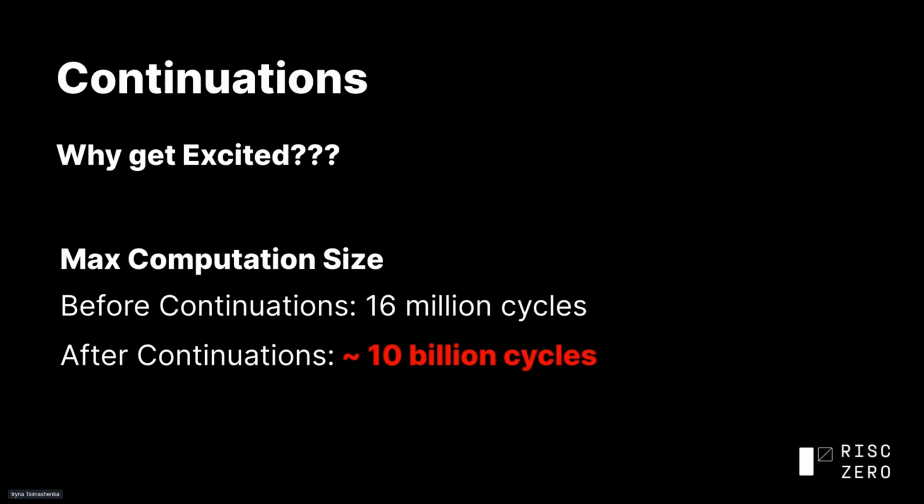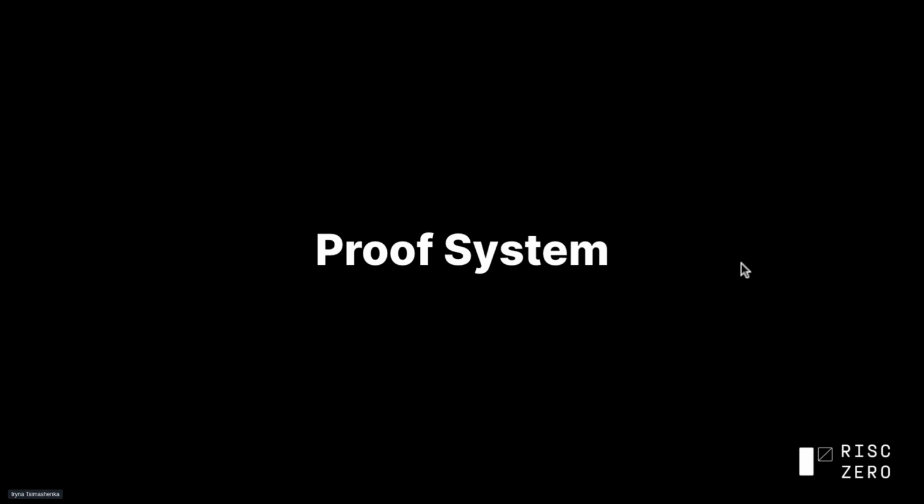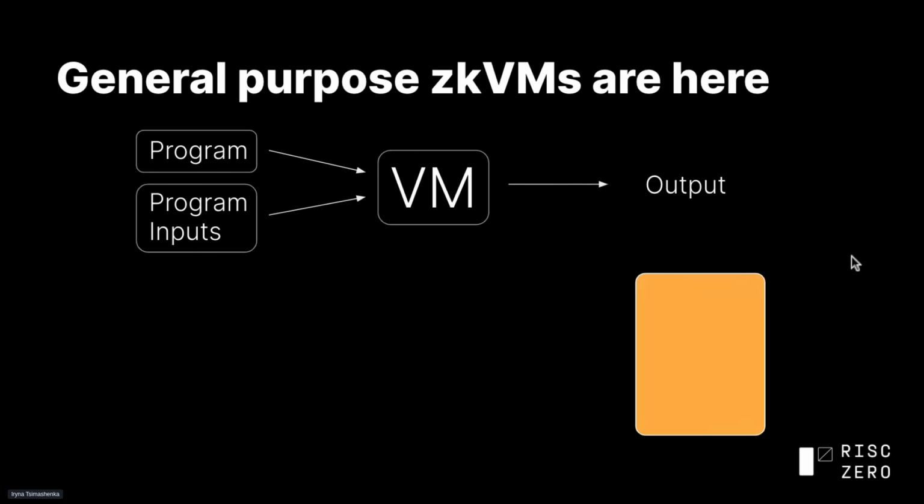So let's go into our proof systems and learn a bit about what it is and the architecture of our proof systems. The architecture of our proving system at RISC Zero is very, very similar to the architectures of several other mature ZKVMs.